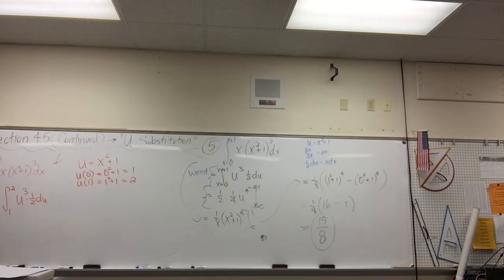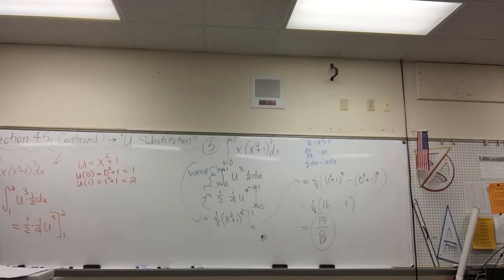Now watch how this works. It's actually really cool. You go here and you say, okay, let's do the integral. It's 1/2, and then we do the thing. It's 1/4 u to the 4th, and it's evaluated from 1 to 2. Same as we did before, but once we go to u's, we're never going back.